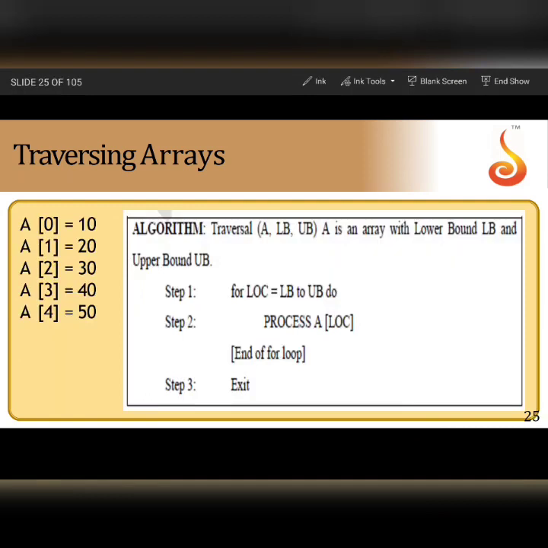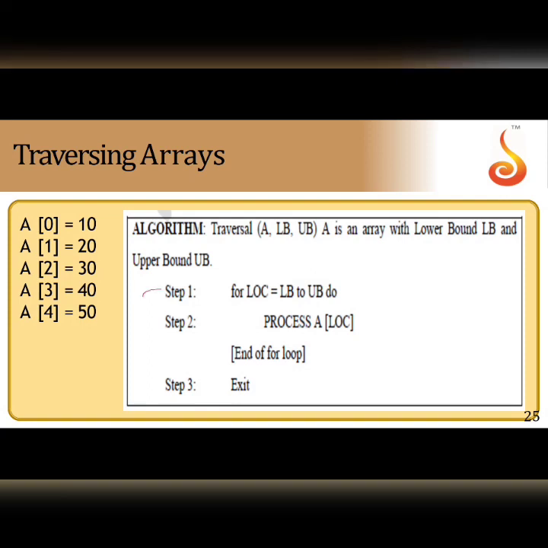This is the generic algorithm for traversal. Another very important point: many students have the habit of directly writing from step 1. They will not write what each term means, like what is LOC, what is UB, what is A and what is LB in the algorithm.